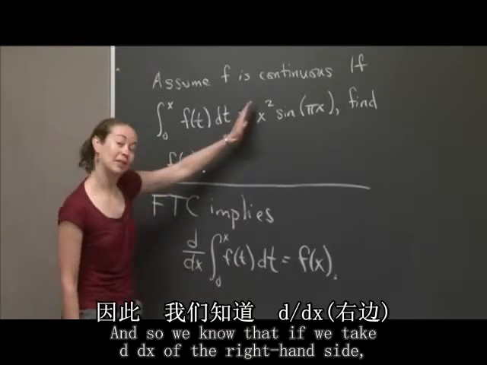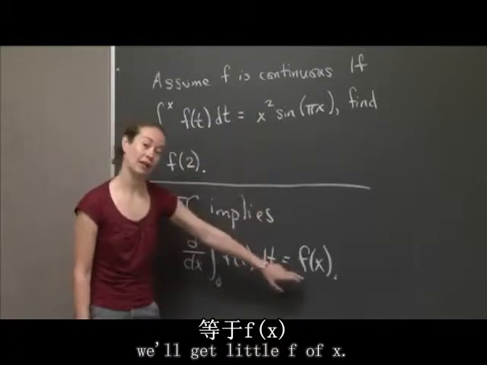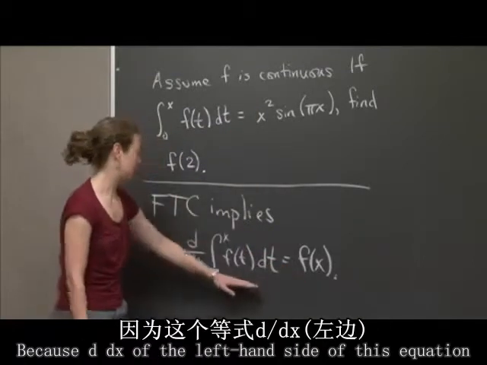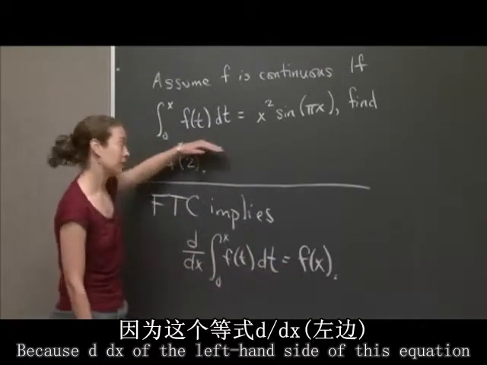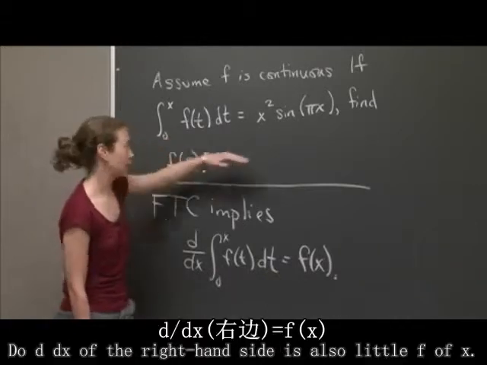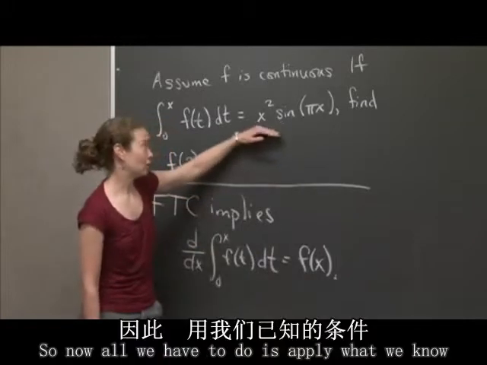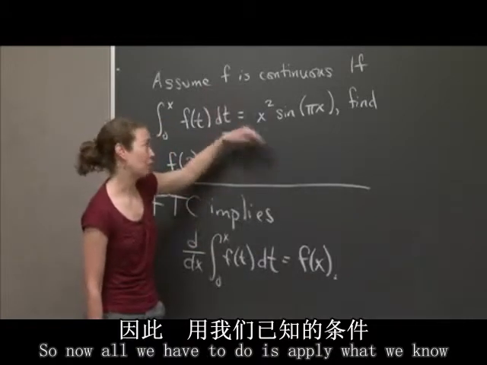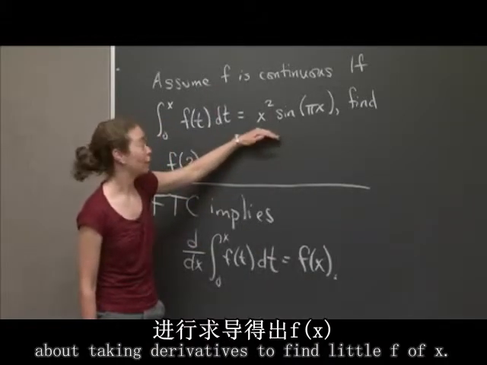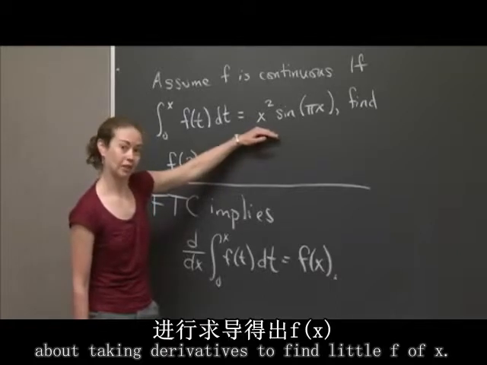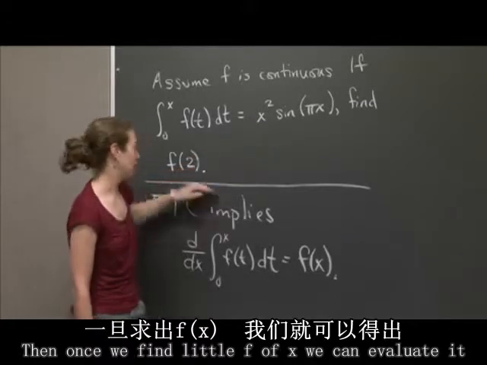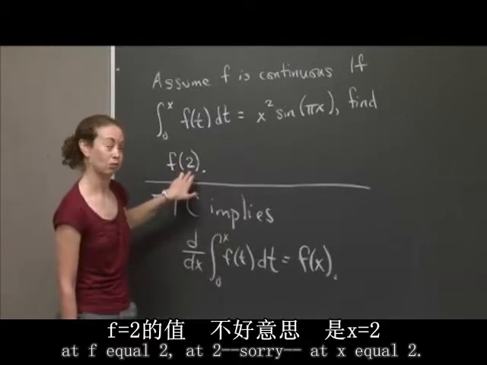The d dx of the left-hand side of this equation is little f of x, so d dx of the right-hand side is also little f of x. Now all we have to do is apply what we know about taking derivatives to find little f of x. Then once we find little f of x, we can evaluate it at x equal 2.